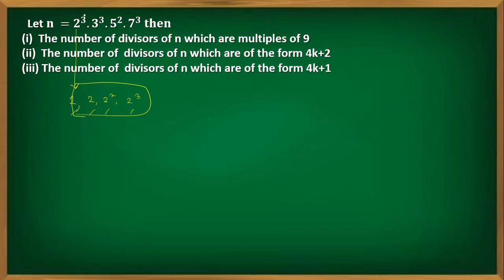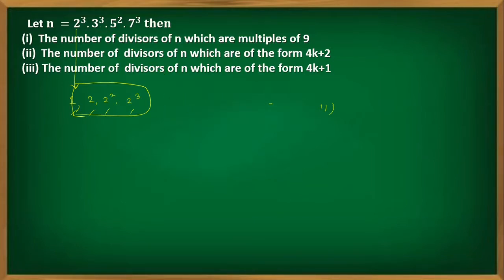This 4 is simply the index of the prime, 3, plus one extra choice. So 3 plus 1 is the number of ways of choosing 2's. Similarly for 3 cube we write 3 plus 1, for 5 square we write 2 plus 1, and for 7 cube we write 3 plus 1. This gives you the total number of divisors, correct? So these are the choices we have whenever we want the total number of divisors.